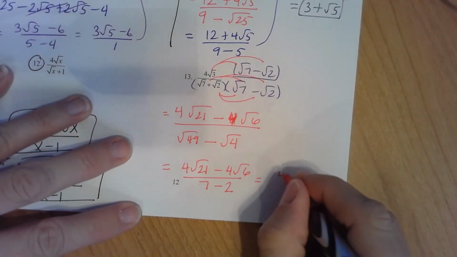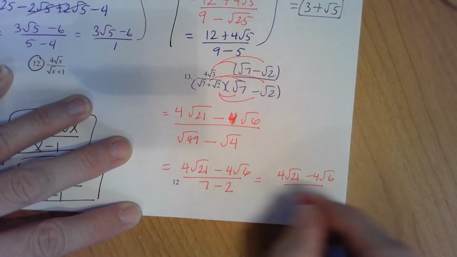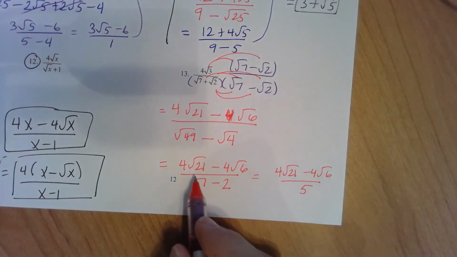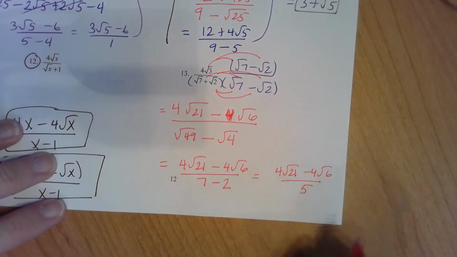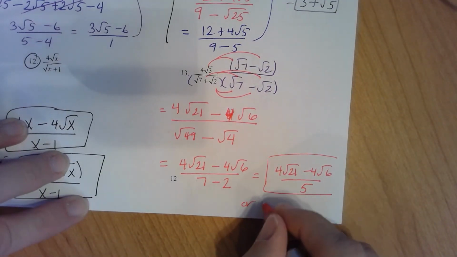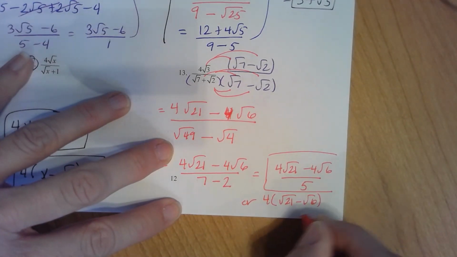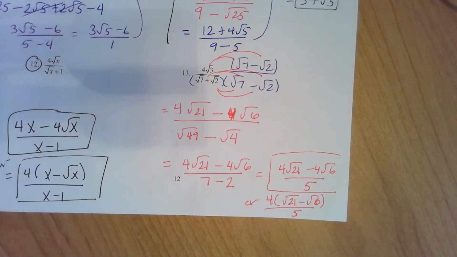So we end up with 4 square root of 21 minus 4 square root of 6 all over 7 minus 2 is 5. Now, when you look at this, 21 is 3 times 7, so nothing comes out. 6 is 2 times 3, nothing comes out. So you may leave it in this form, or you can factor out the 4, and you get the square root of 21 minus the square root of 6 all over 5. So either of those answers would be sufficient.